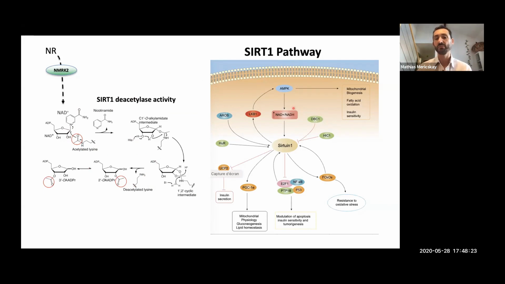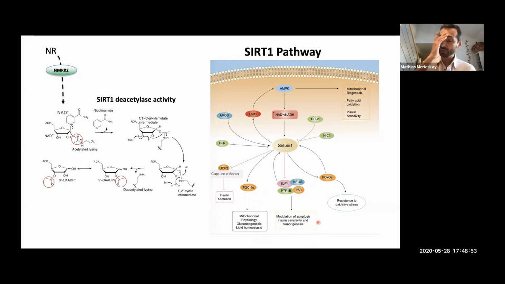And this enzyme has been involved in a number of critical responses for the cells to energy stress and resistance to oxidative stress in a number of different cell types. It's also involved in insulin secretion. It's very clearly important for mitochondrial biogenesis and processes important for energy metabolism, such as gluconeogenesis and lipid homeostasis. It also has targets involved in the modulation of apoptosis, insulin sensitivity and tumorigenesis.